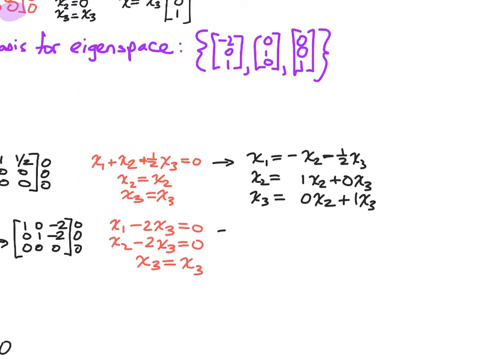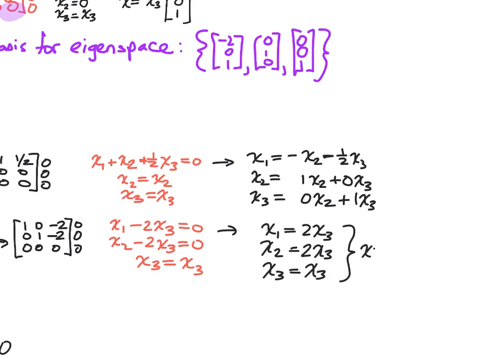All right. So that x1 is going to be equal to 2x3. x2 also 2x3. And x3 will be equal to x3. So we could say that x is equal to x3 against 2, 2, 1.